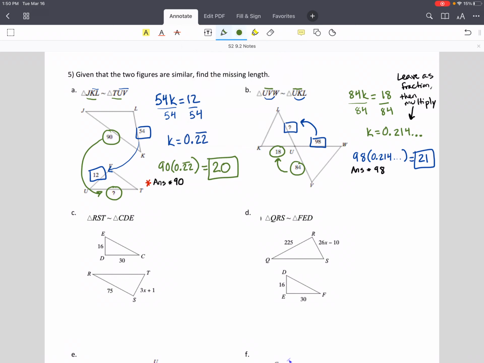So I'll just write that out. k equals 18 over 84, which is 3 over 14. And then I can just do 98 times 3 over 14. And that's another way that you wouldn't have to worry about rounding as well. Point is, don't round your scale factor. Do not.